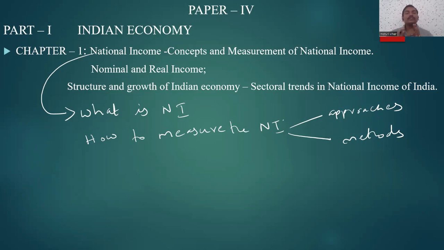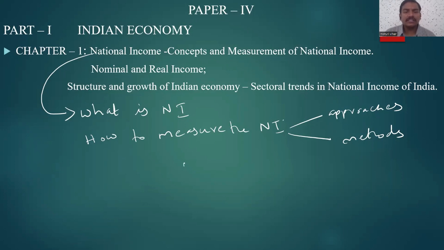So the concept in the national income will be in this way. We need to check what the measurement techniques are, how differently the approaches are used, and what the methods are. For example, national income approaches: what are the ways we calculate our national income?